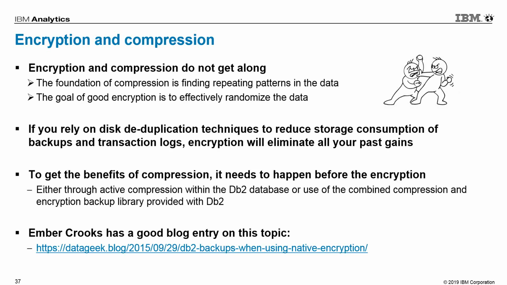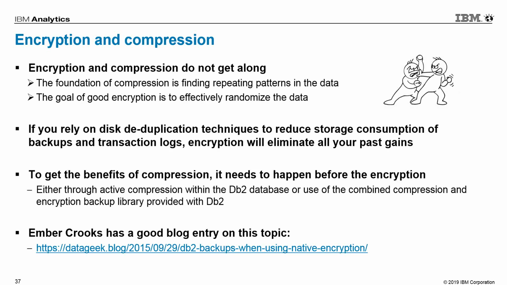So they write the backup to a particular disk, and the disk has deduplication inside it. To get the benefits of compression, you actually should use DB2 compression, because that data is compressed before it's encrypted. So DB2 is working on compressed data, and remember we're encrypting and decrypting what's physically written to disk.